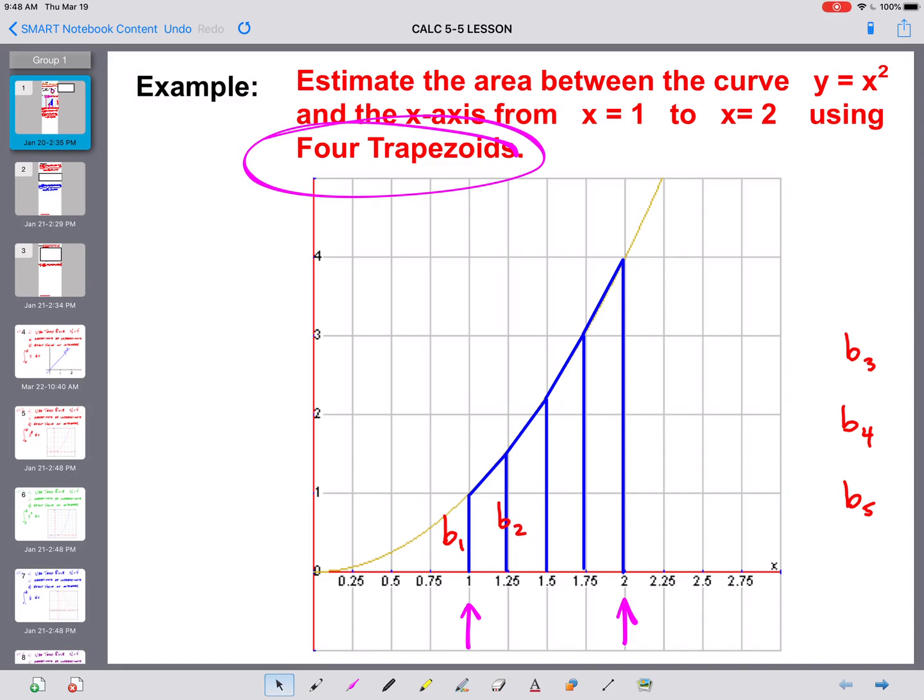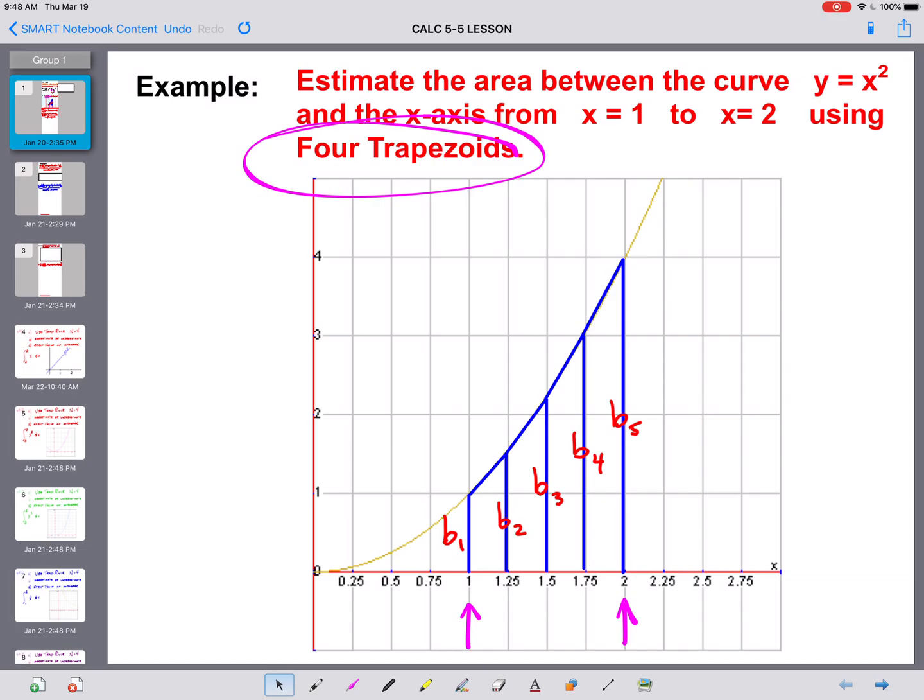Then for the second trapezoid, base 2 and base 3. For the third trapezoid, base 3 and base 4. For the fourth trapezoid, base 4 and base 5. So for 4 trapezoids, there are going to be 5 bases.